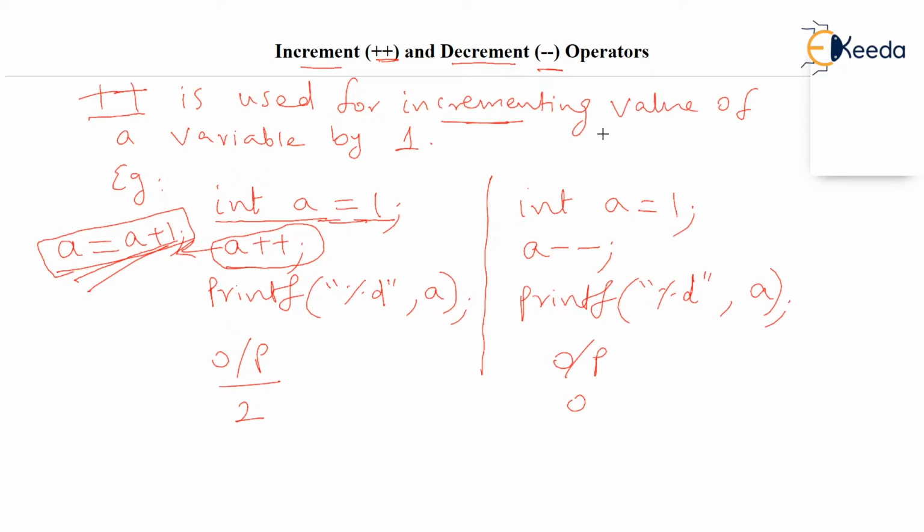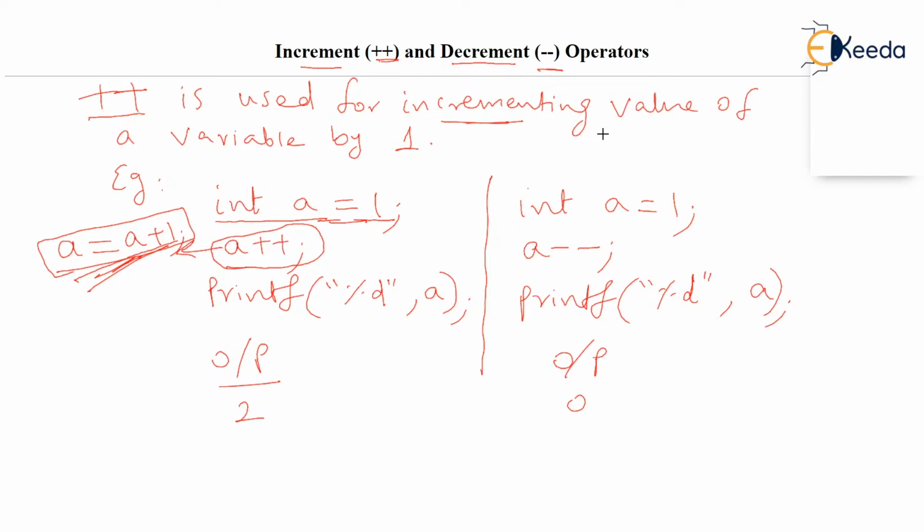Just a word here: what if you write plus plus before this a? For instance, instead of writing a plus plus, if you write plus plus a, note that plus plus a also means a is a plus 1. So there is no difference whether you give plus plus after the variable or before the variable, as long as the expression has only a single variable.